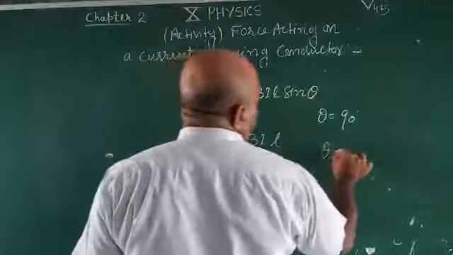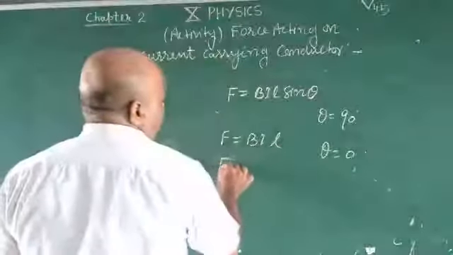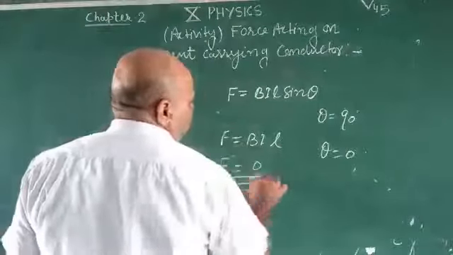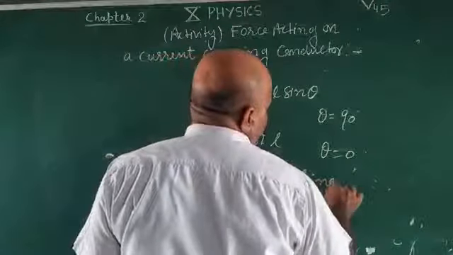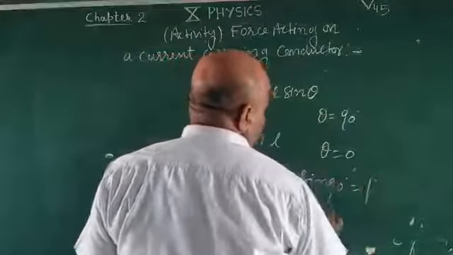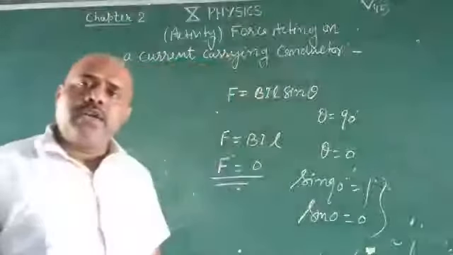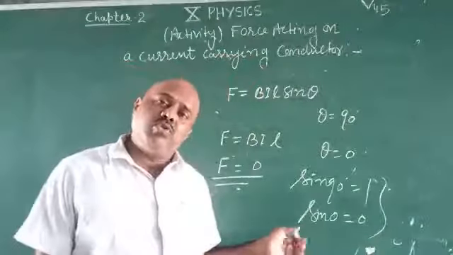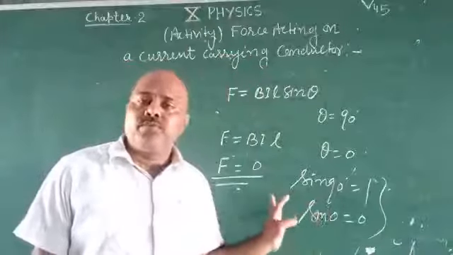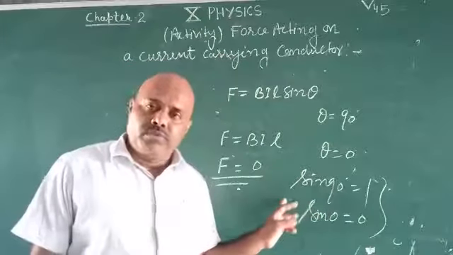If theta is equal to 0, then F is equal to 0. Why? Because sin 90 is 1 and sin 0 is 0. You will get this in trigonometry; this is the trigonometric ratio.